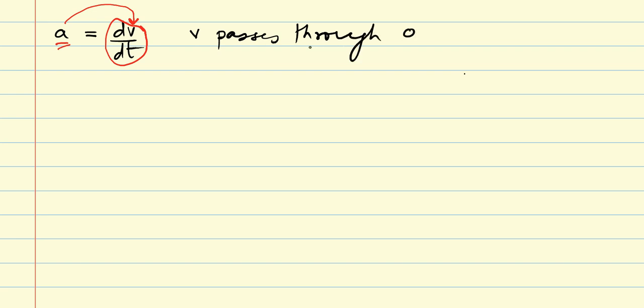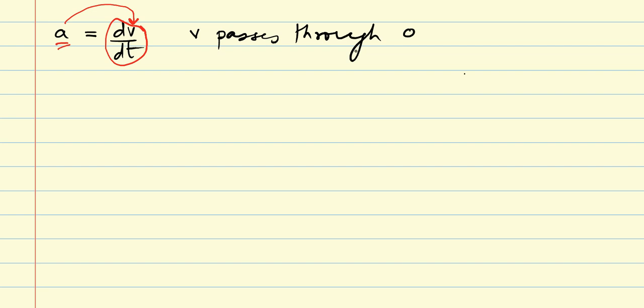I mean, the velocity could be positive, and then it decreases, it becomes 0, and then it decreases further to some negative value. During this entire time interval, there happens to be some acceleration, and it is also equally true that the velocity did become 0 for one time instant.